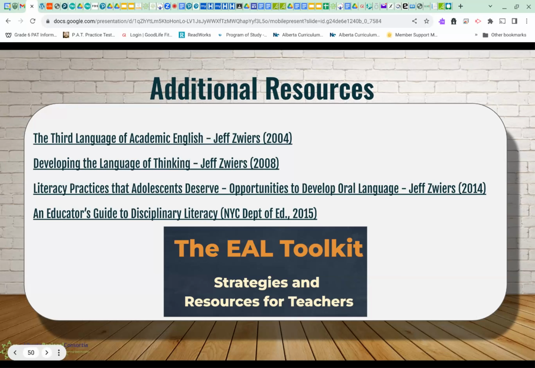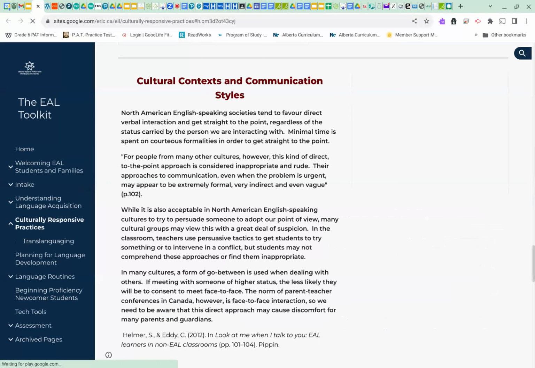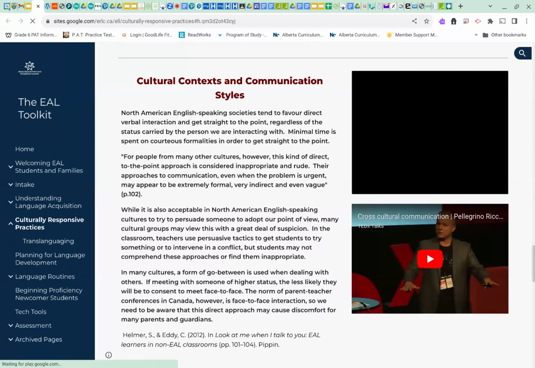Also, if you just click on that EAL toolkit for me, please, it will take you to a little section of a page here talking about cultural contexts and communication styles, as you're working with increasingly culturally diverse classrooms.